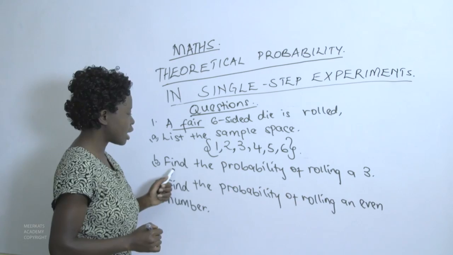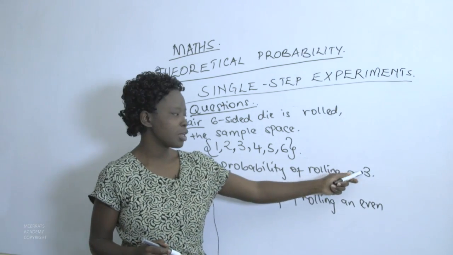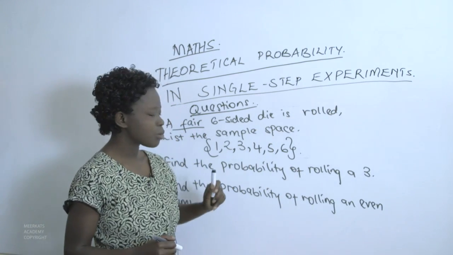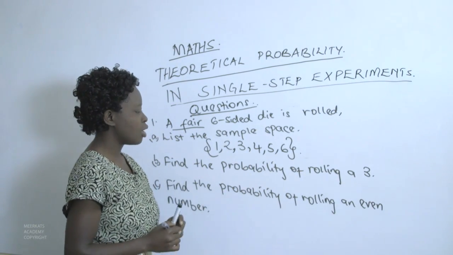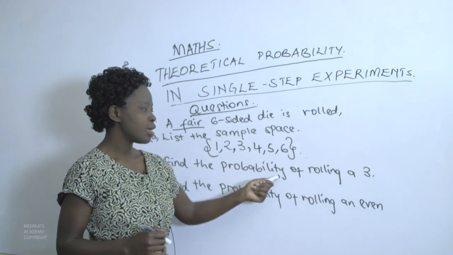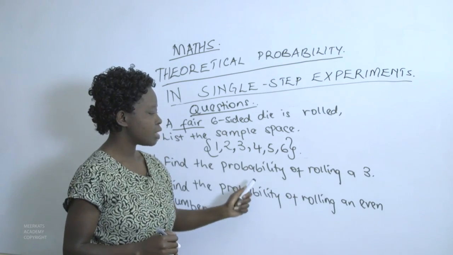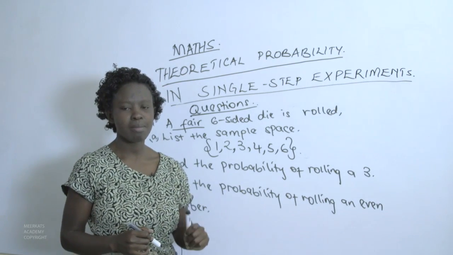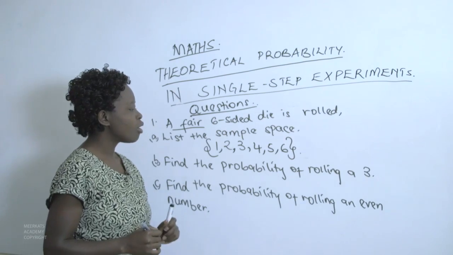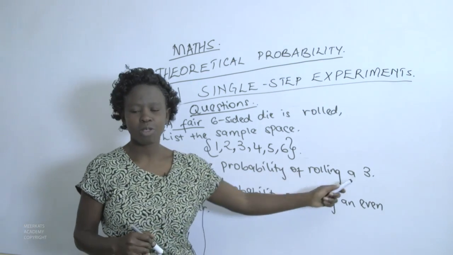Then next we are being asked, find the probability of rolling a 3. We've already said that to get the probability of an event happening, we have the number of favorable outcomes divided by the total number of outcomes we have. So in this case, we are looking for favorable outcomes for 3.